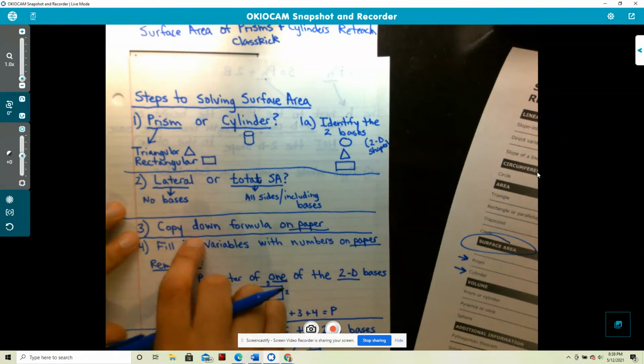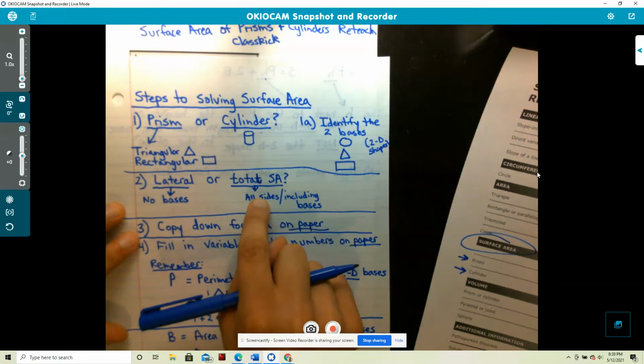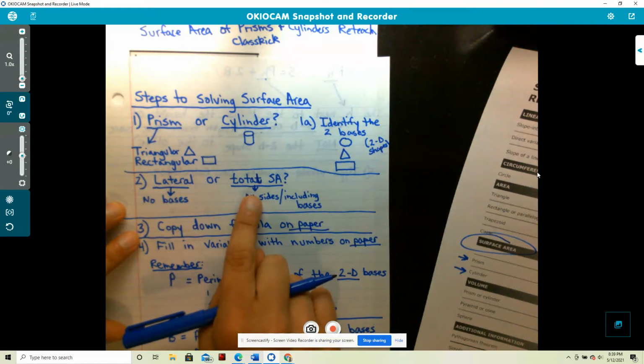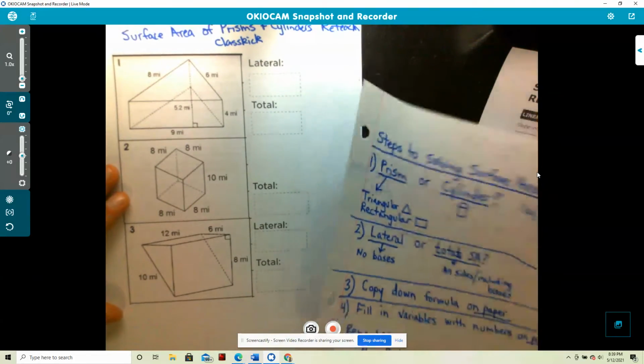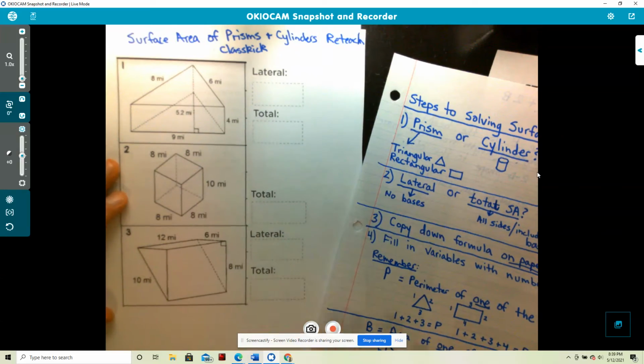Then it's going to ask, is the question asking for lateral or is it asking for total surface area? So remember, lateral doesn't include the bases. Total surface area, of course, is the total sides, including the bases. So looking at this first one, we're looking for both. We're looking for lateral and we're looking for total.